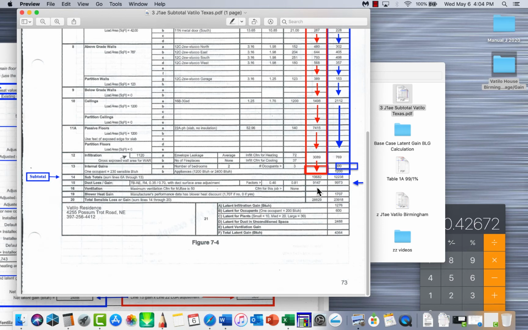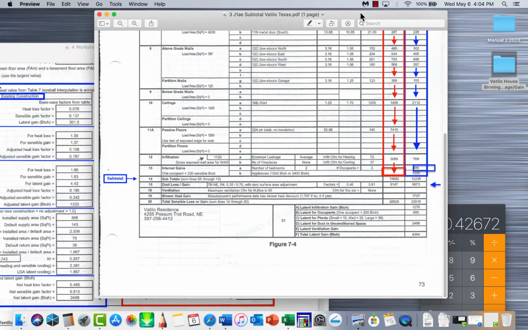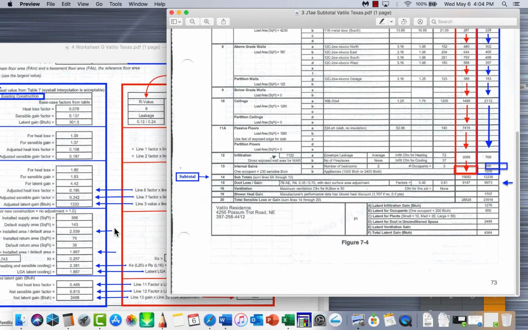And see where they got some of this information from. 9,147 and 9,973. Where do they get these numbers from?